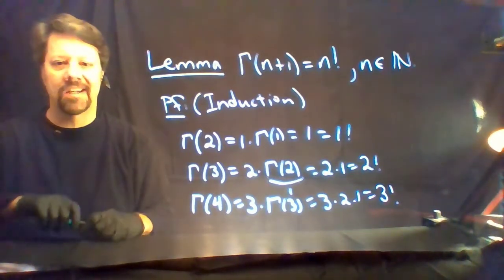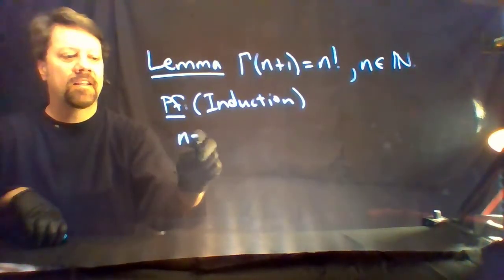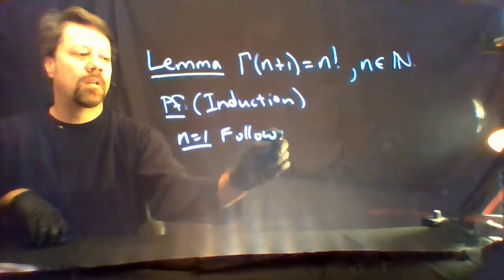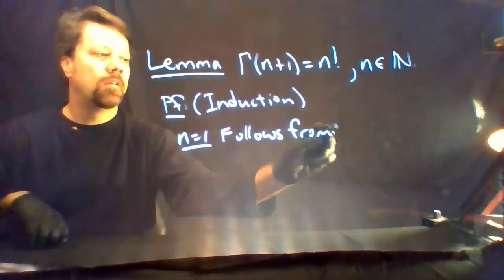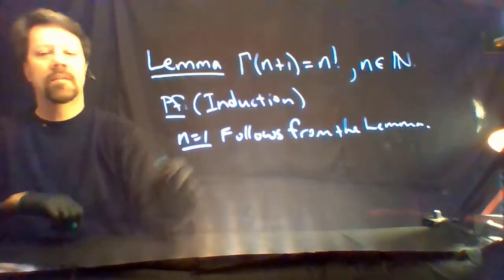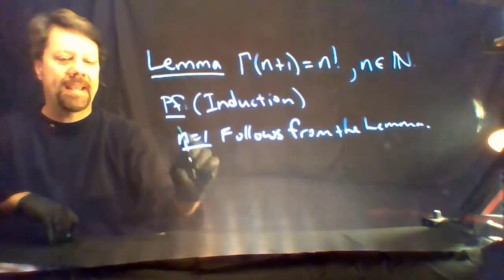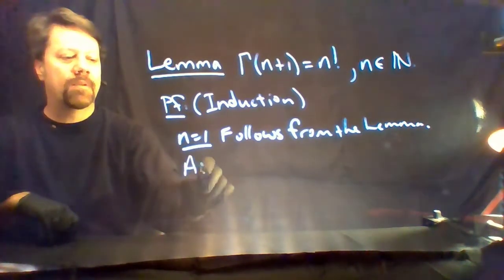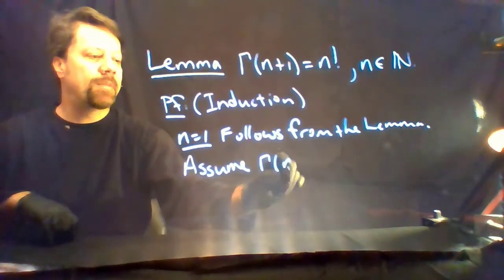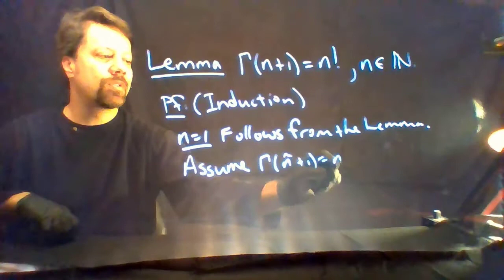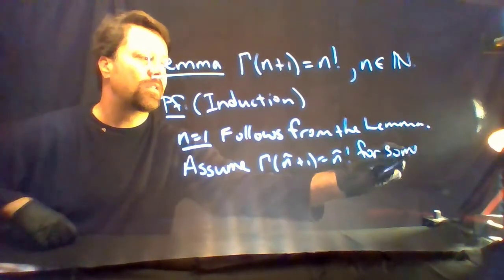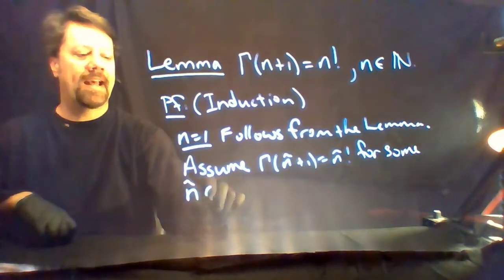So you can see that this is proceeding according to the statement of the lemma, but let's prove this by math induction. The n equals 1 case follows from the lemma. Math induction proceeds by making the induction hypothesis, whereby we assume gamma of n hat plus 1 equals n hat factorial for some n hat.